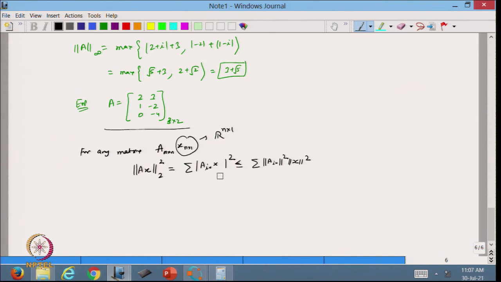The sum is going over the matrix, and this x can be taken out.